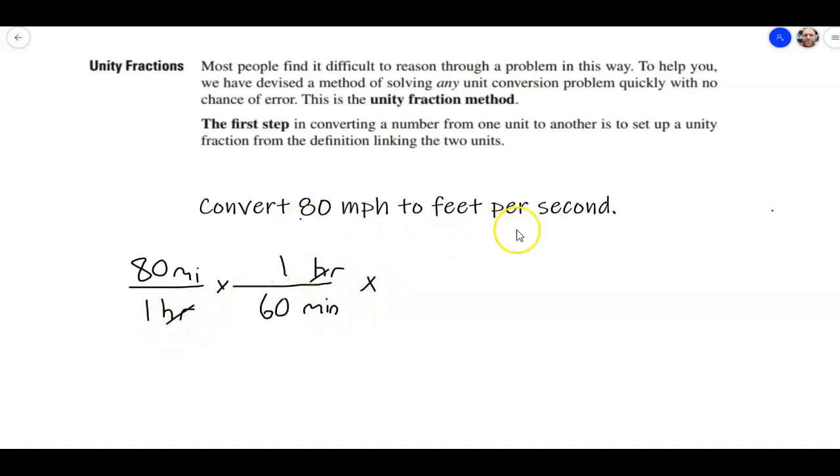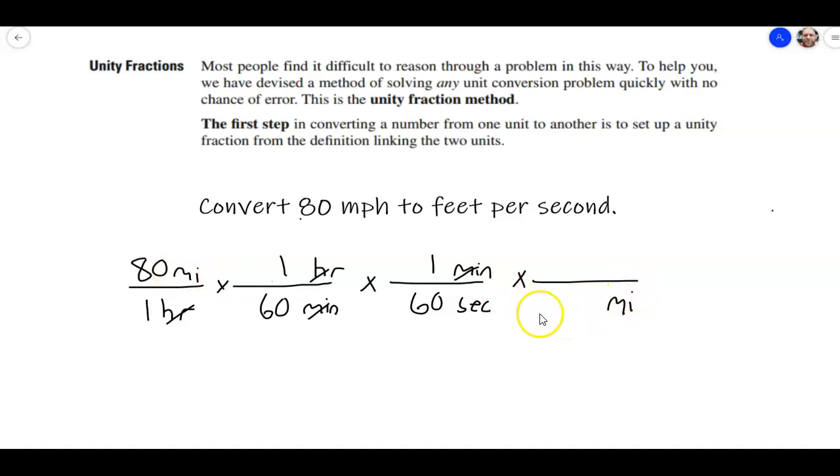But I don't need it in minutes, I need it in seconds. So now I want to use the minutes here. So in 1 minute, right, I have 60 seconds. And that will get my time into seconds here. Now I need to get my miles into feet. So I have miles up here, so I need miles down here.